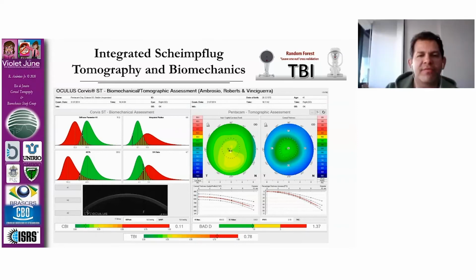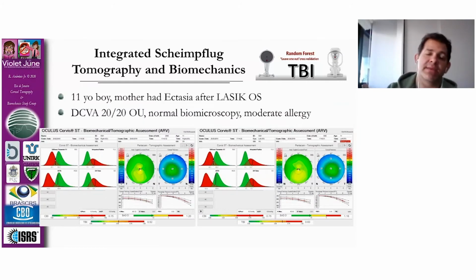Yes. And a very nice example for this as well. I'm not sure if you have the son of the patient included in this presentation. If you click once again, yes. This is both eyes of the son of the patient, 11 years old. This is again, like Riccardo just pointed, what happens if you have both eyes with this picture? And this is a both eyes 20/20 distance-corrected patient with moderate allergy. And this is the kid that should really benefit from the information and education that we should all tell our patients: not to rub the eye. That's one of the main concepts in our Violet June campaign.